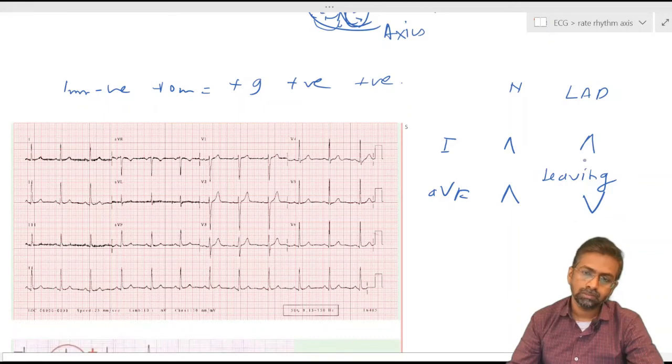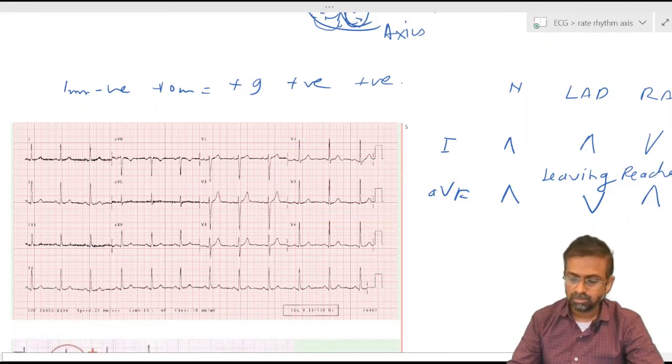They are leaving each other. It means it is a left axis deviation. While in right axis deviation, the deflection in lead 1 will be negative and AVF will be positive. They are kind of reaching each other, coming towards each other. That is a right axis deviation. Understood?